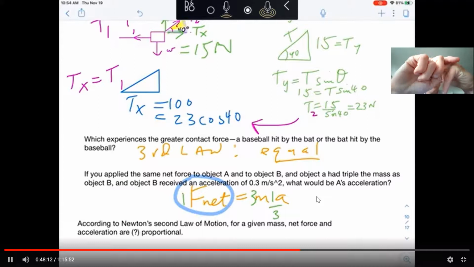So basically M and A are inversely proportional. By whatever factor you change the mass, the acceleration becomes one over that factor, because M and A are inversely proportional. You need to know that.